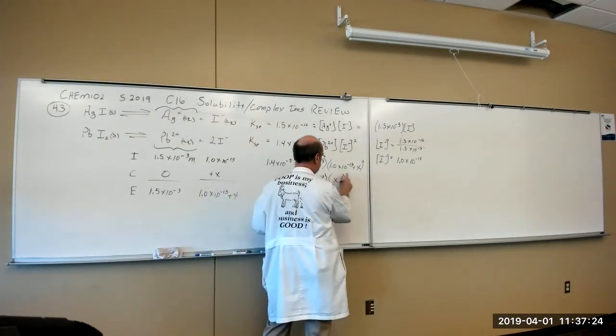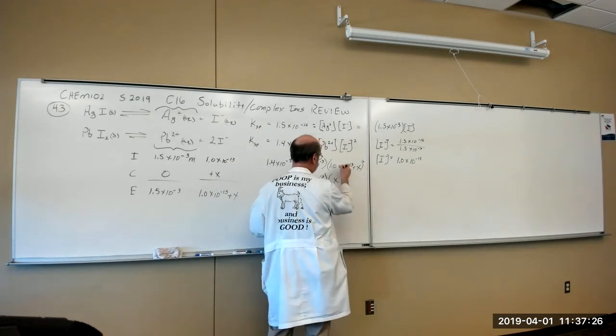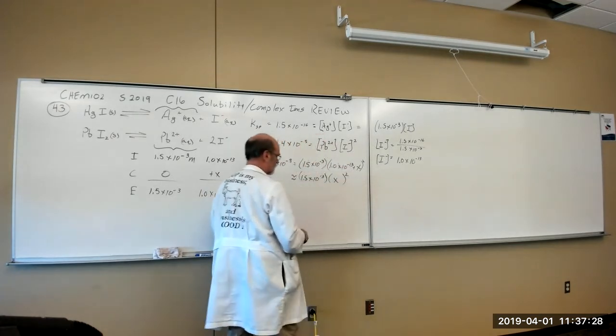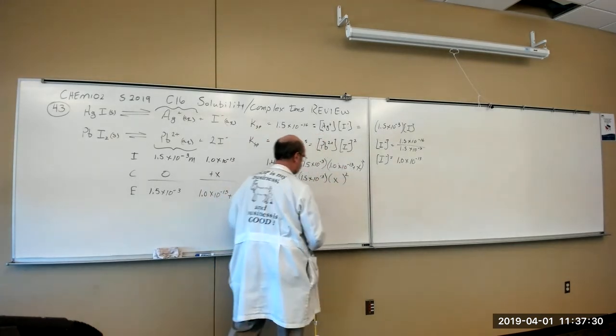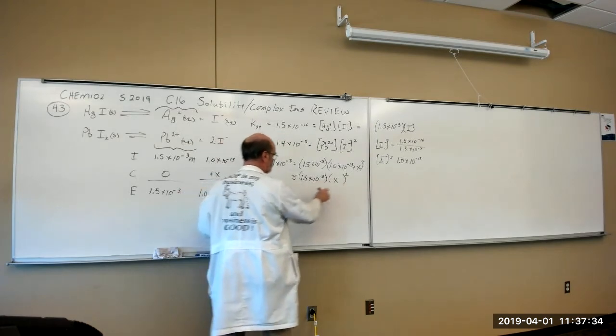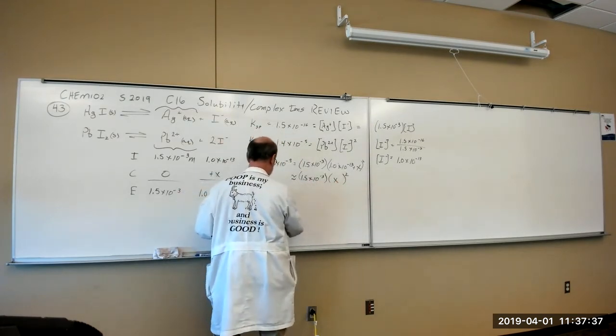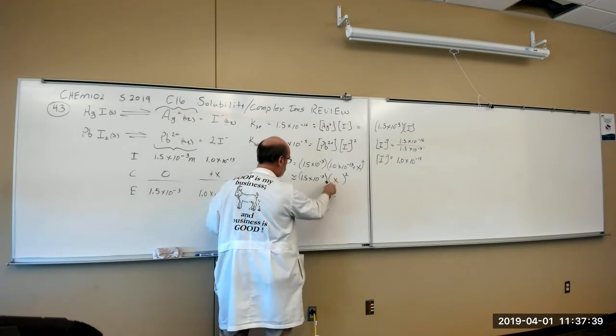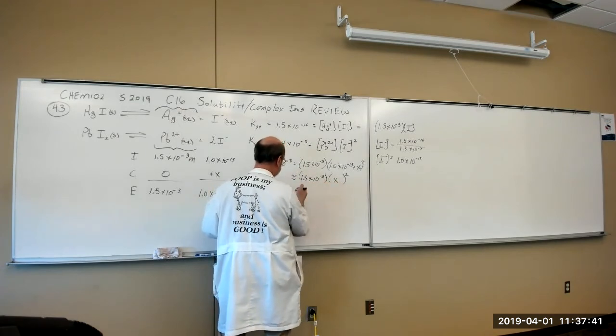Yeah, I'll put that inside. Let me put it outside first. We got rid of this because it's so small in relation to X. So that means X squared is equal to this one divided by that one.